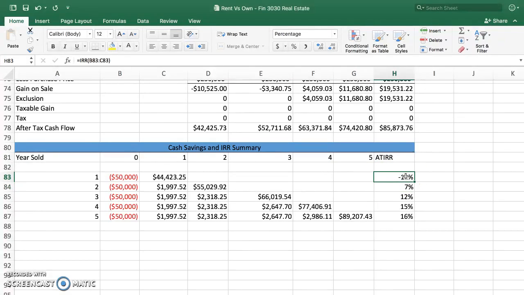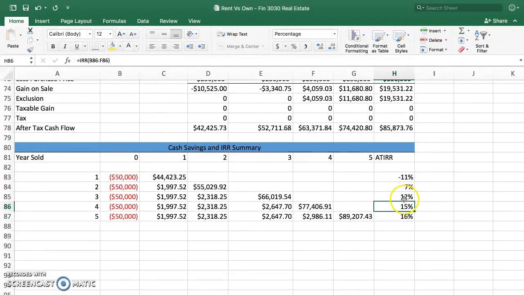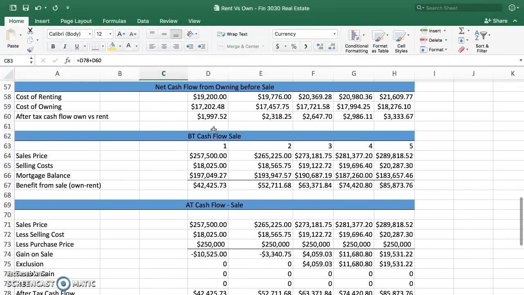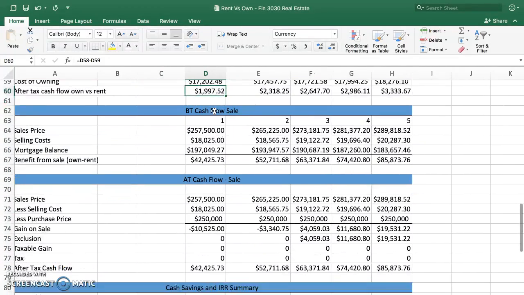This one we're not making any money, this one we're making a little bit, and then here in the 3rd year we begin to get into the double digits, and I think most people would agree that that's probably when you would decide it's more beneficial for you to own it instead of renting it.